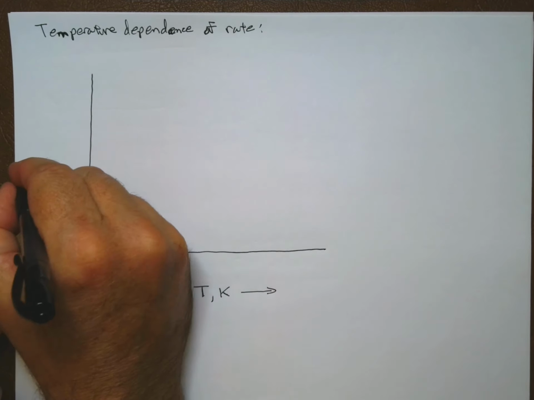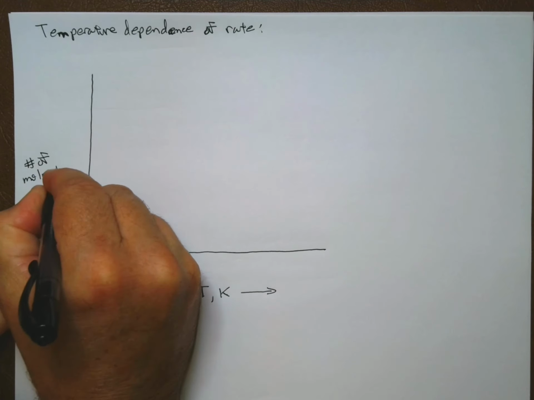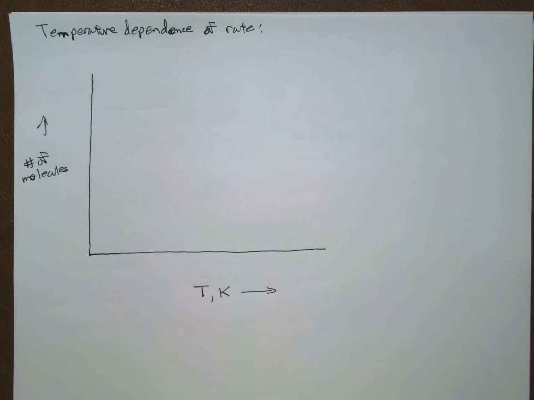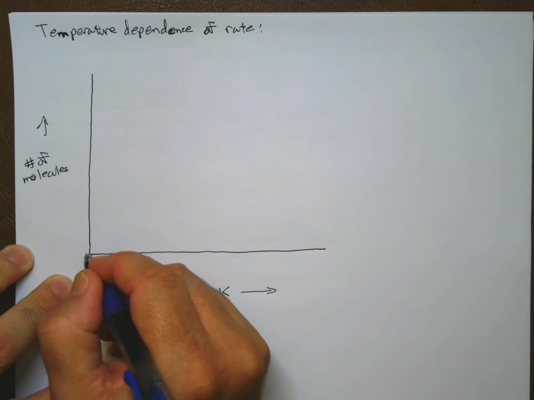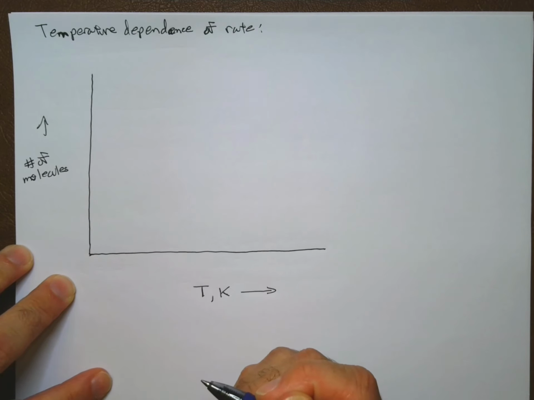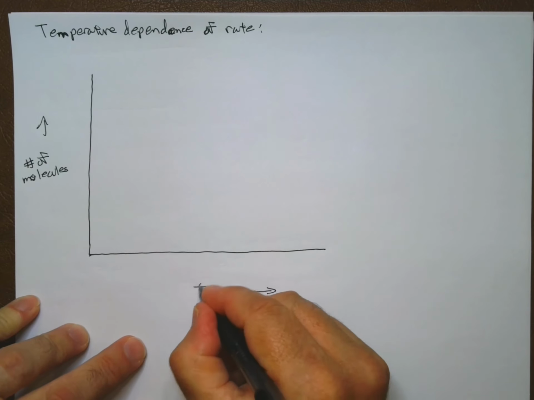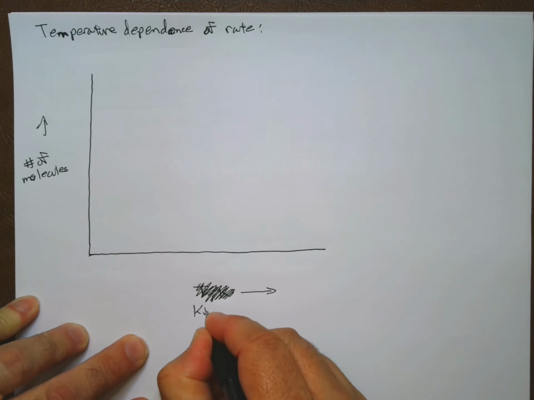On the y-axis we'll have number of molecules. So let's say we have our reaction mixture at some particular temperature. Sorry, this should not be temperature. This should be kinetic energy.